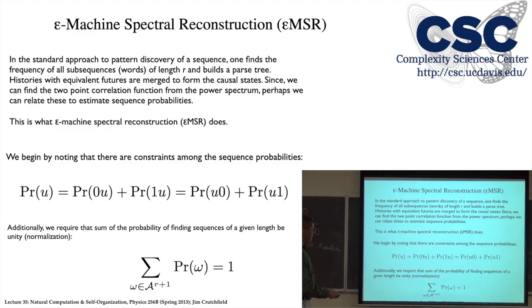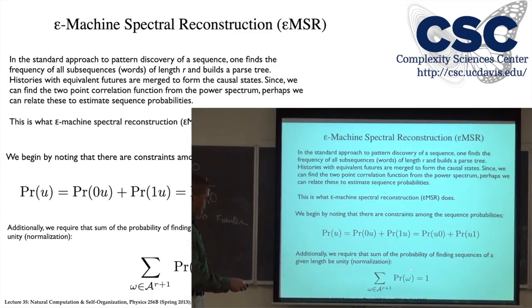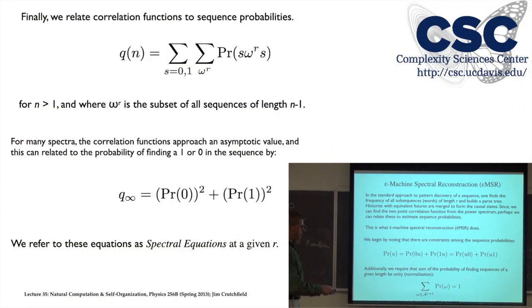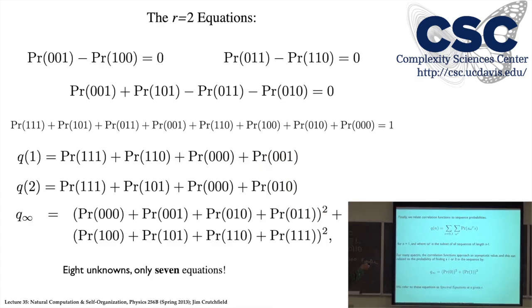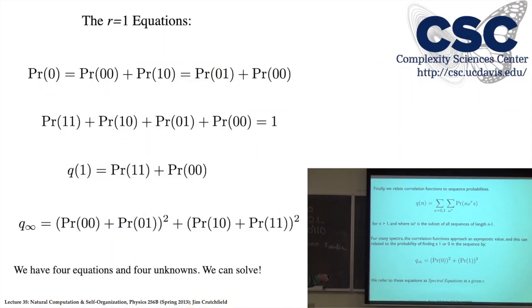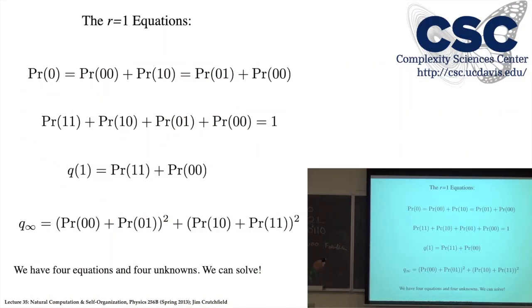This means omega is over the alphabet of 2, so omega is now going to be either 00, 01, 10, or 11. Then I use as many of these Q's as I need for a complete set of equations, and I may need to use more than I like. For the R equals 1 equations, I just follow those simple prescriptions, and this is what I get.